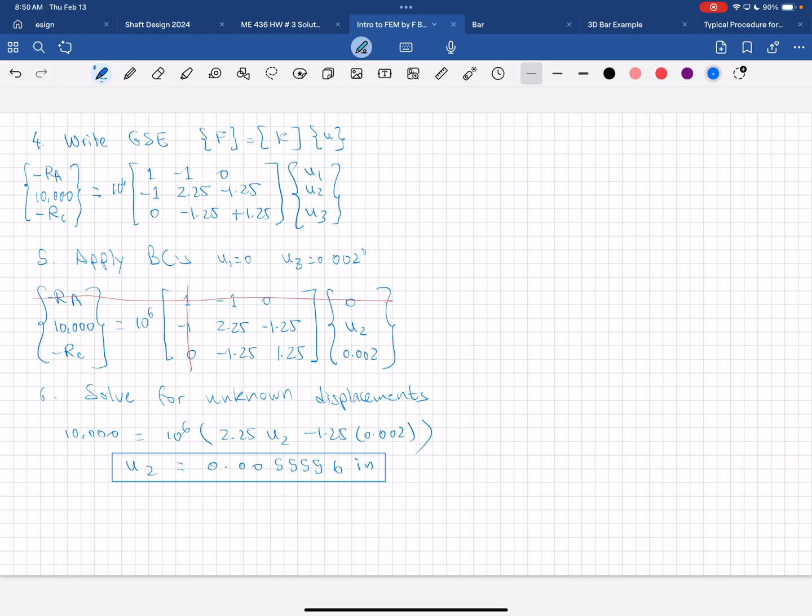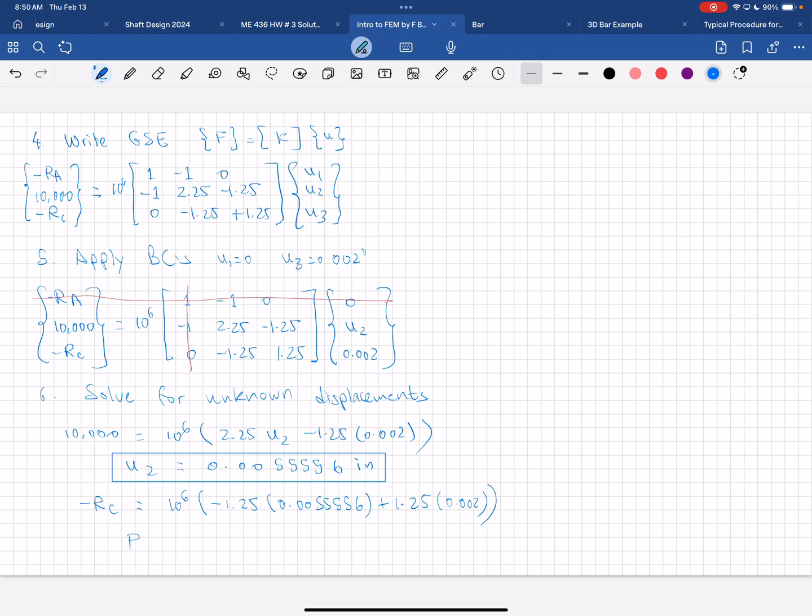Once I have U2, I can solve for RC. And here we have minus RC is equal to 10 to the power 6 times minus 1.25 multiplied by U2, which we just solved for, plus 1.25 times 0.002.